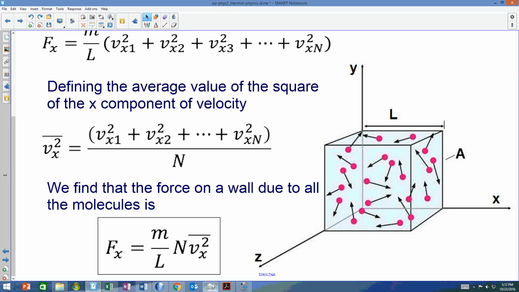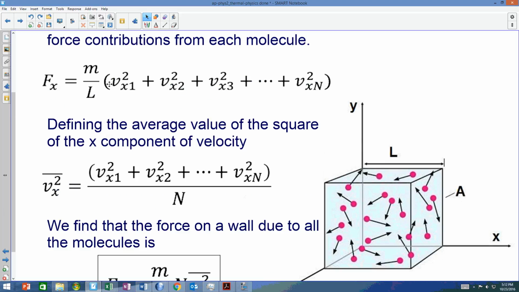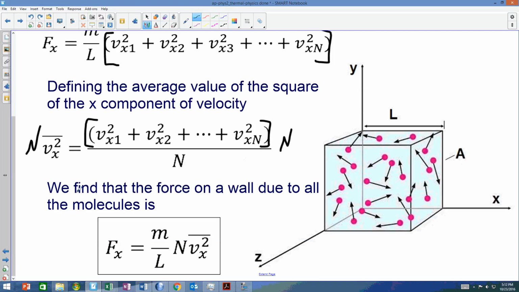Now you may be thinking, wait a minute, where did the N come from? Well, the N comes from right here. We're taking this whole term, but what does that equal? Well, we would have to multiply by N on both sides. So basically, we're going to take N and N, and then we're going to replace this piece right here with N times the average Vx squared.